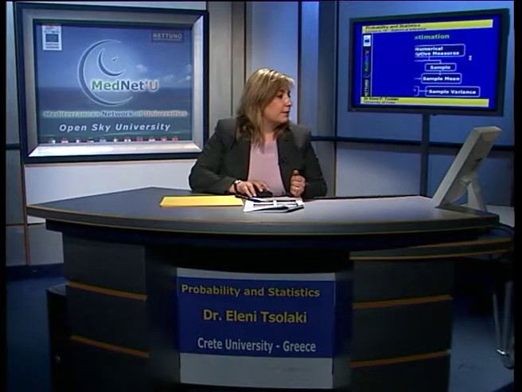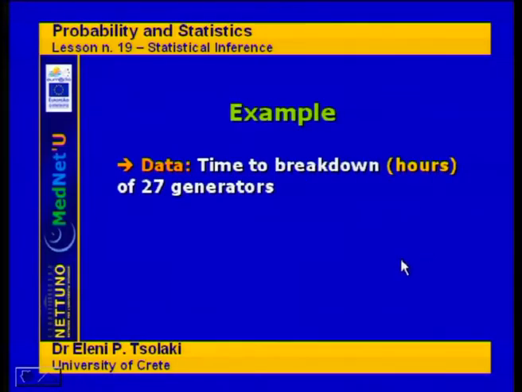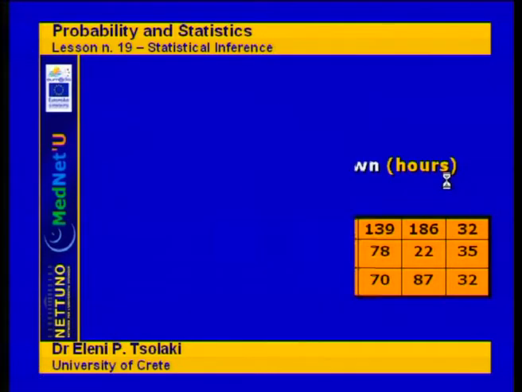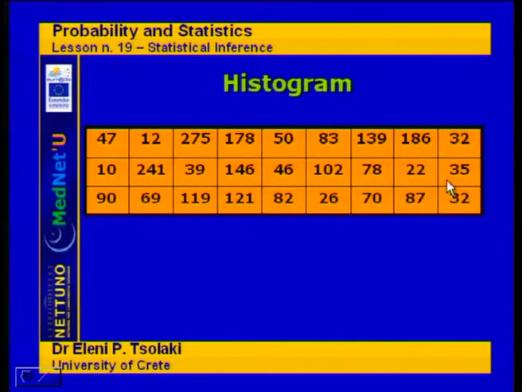So let's have a look at an example. We have collected data, which is the time to break down of 27 generators. The data are in hours, and here is a table with our data. Now, first of all, we are going to make a histogram.